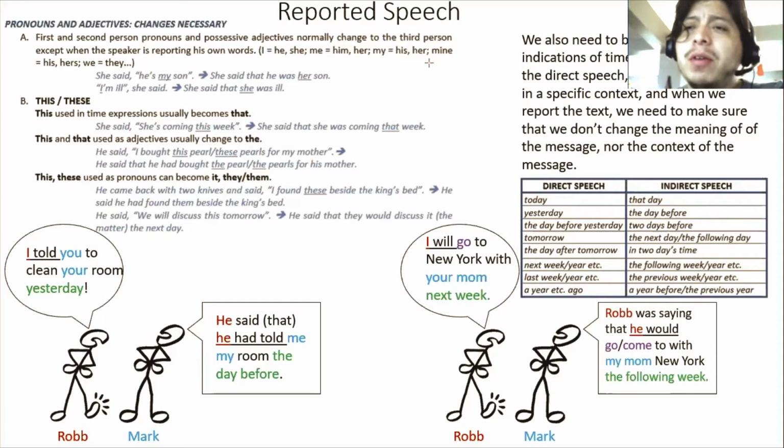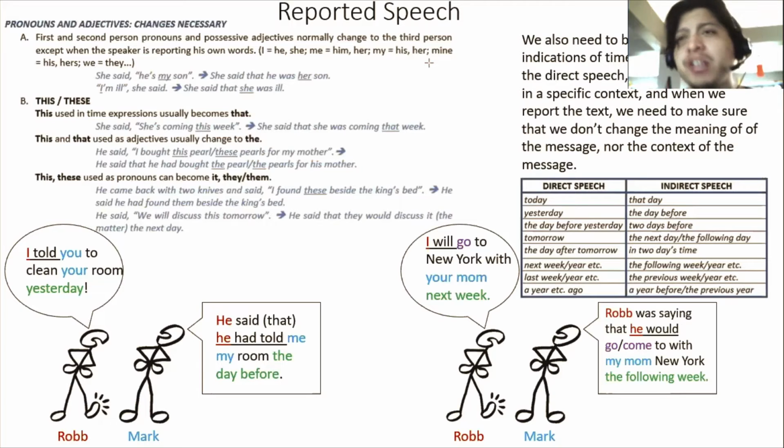The second thing that you need is to pay attention to pronouns and possessives and stuff like that, because you are telling the same story but from a different point of view, okay? So whenever a person says I, that person is referring to himself. When I say I, I'm referring to me. If you're reporting what I said, you're not going to say I, because you will be referring to you. So you need to say he or him.